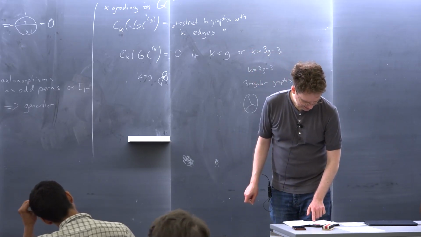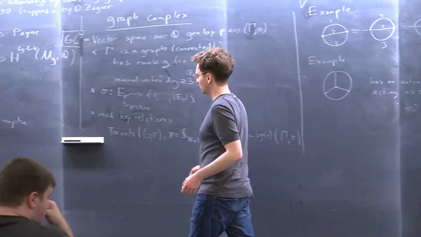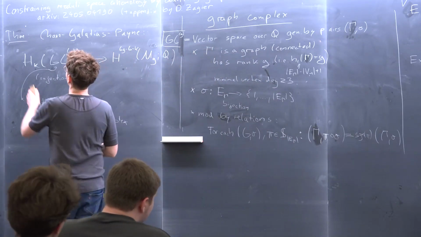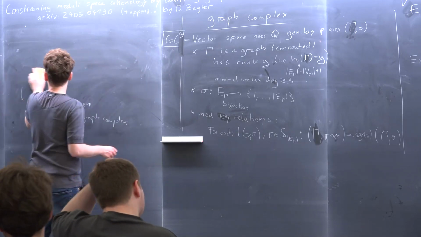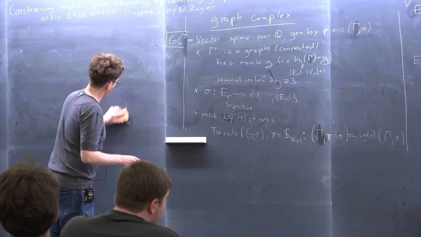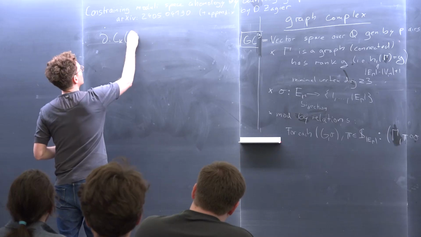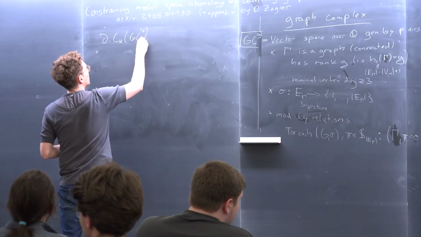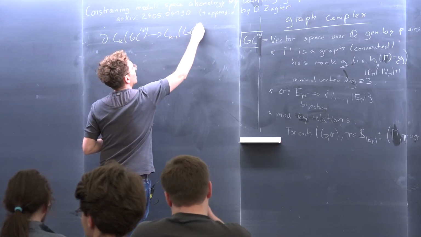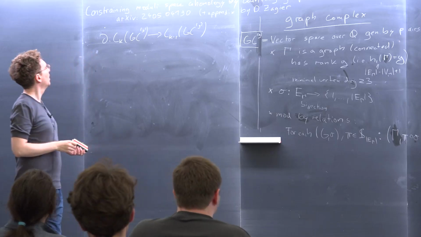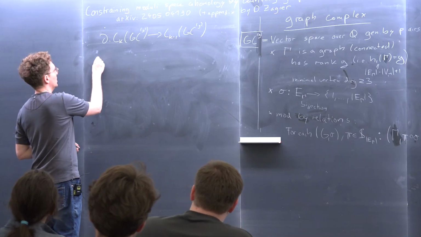And then we can write down a differential, or a boundary operator, probably better. It maps k-chains to (k minus 1)-chains, so it reduces the number of edges of these graphs by 1.